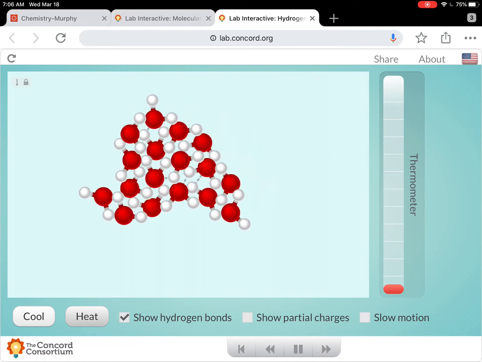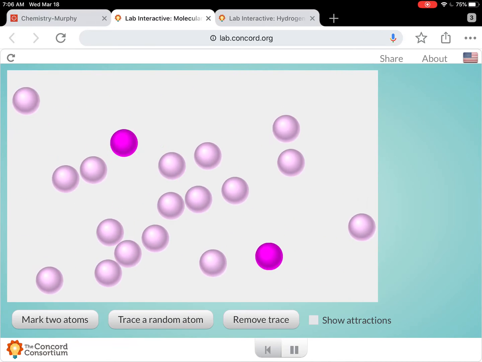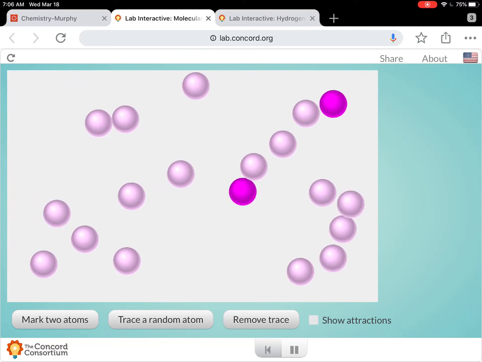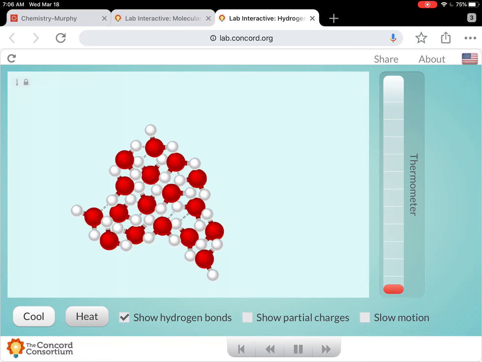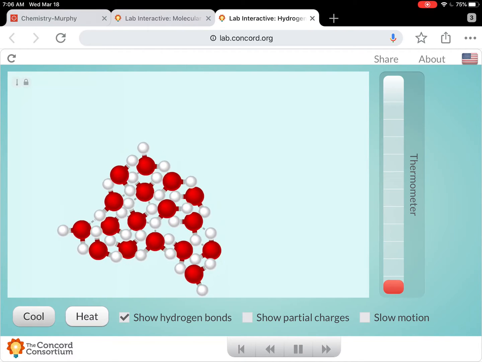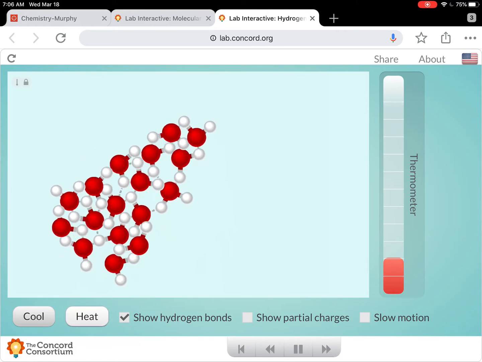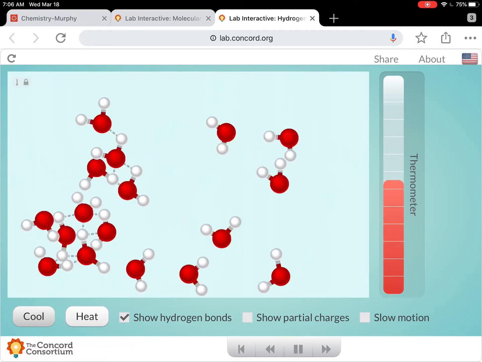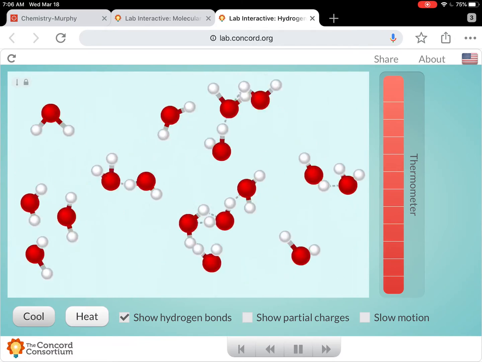So in order for these water molecules to be ideal, or another way of putting it, in a perfect scenario, how do we get our water molecules to look like this? We are going to crank up the heat. Here we go.